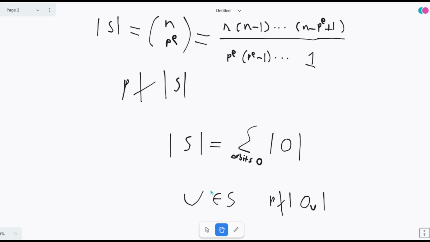One of the elements of S, which is to say one of the subsets of G. So now, from the previous lecture, we had a proposition which said that the order of the stabilizer of U for this group action of left multiplication divides the order of U itself.